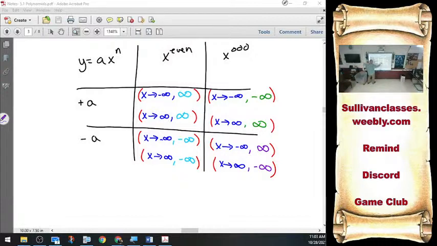The reason that I want you to get used to this is in pre-calc, we talk about limits. And we say the limit of the function as x is approaching infinity is infinity. Do you see how the notation is very similar?